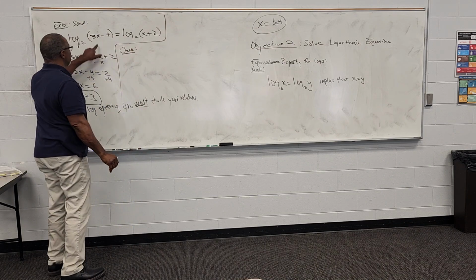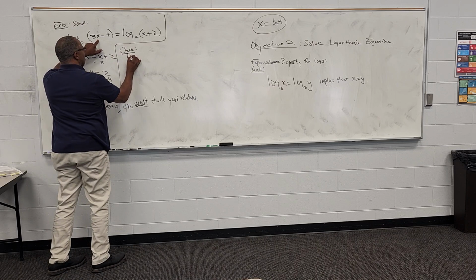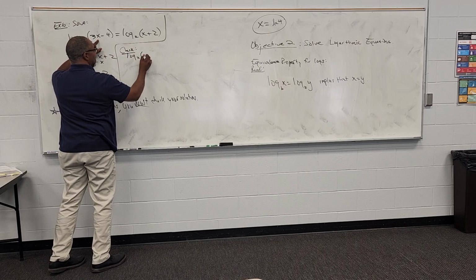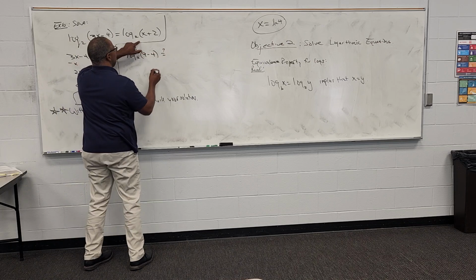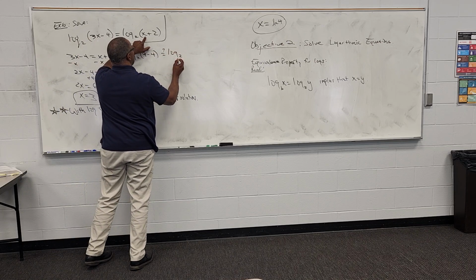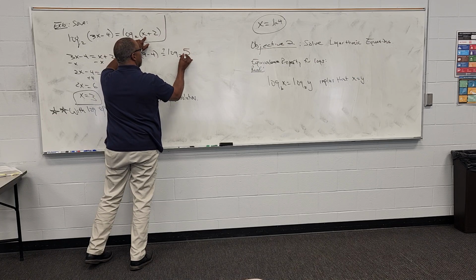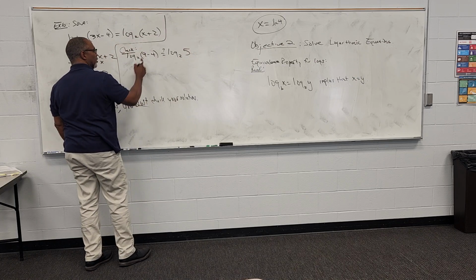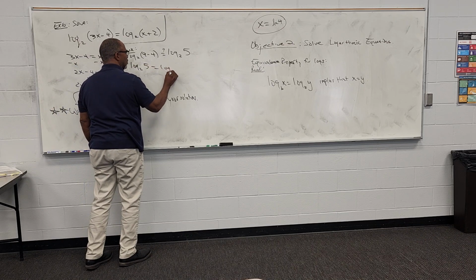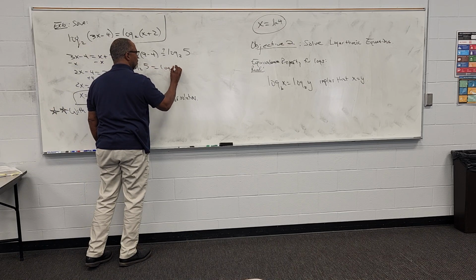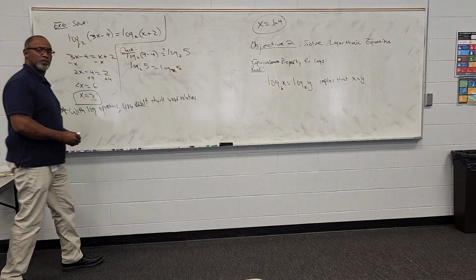I got x equals 3, so where I had an x, I should get a 3. So log to the base 2 of 3 times 3, that's 9 minus 4. Is that equal to log to the base 2, put that 3 where the x was, of 5? Well, 9 minus 4 is 5, so yes. So it checks out, okay?